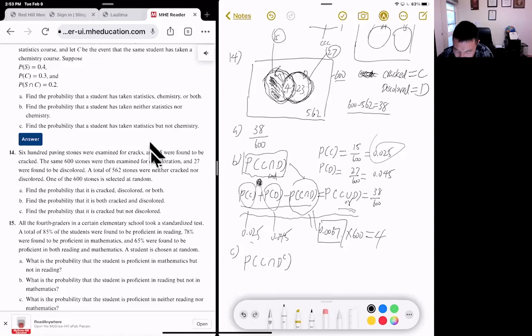And the circle of C is 15, right? And intersection of C and D is 4. So this area, which is question part C asked, will be 15 minus 4, which is 11.